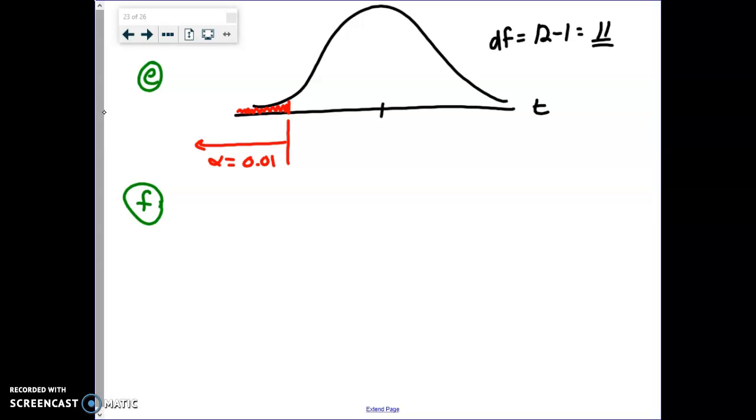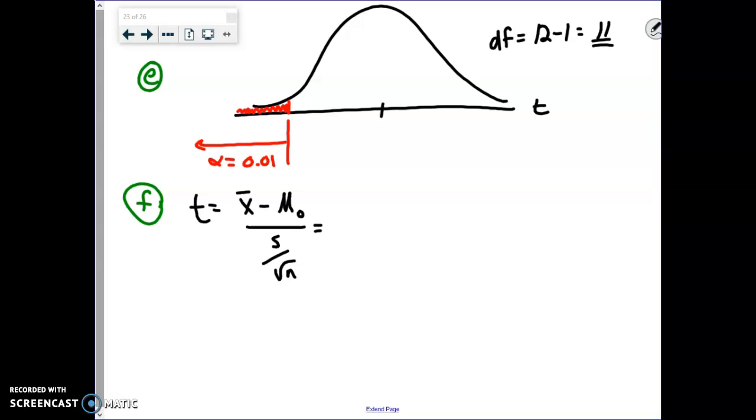But again, our t statistic is equal to the sample mean minus the hypothesized mean from the null hypothesis, divided by the sample standard deviation all over the square root of the sample size.